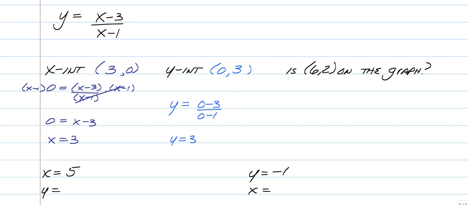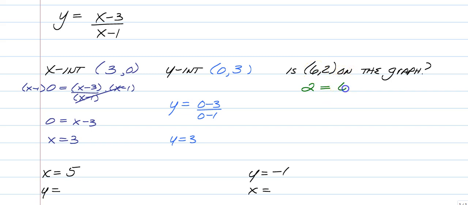When you are asked to determine if a certain coordinate is on the graph, you plug x and y into the given function and determine if it is true or false. So we're just going to plug 2 into y, and that's equal to, now we're just going to plug 6 into x.